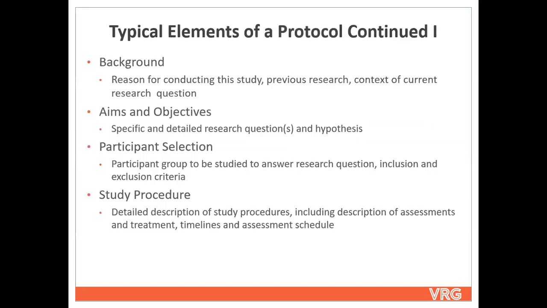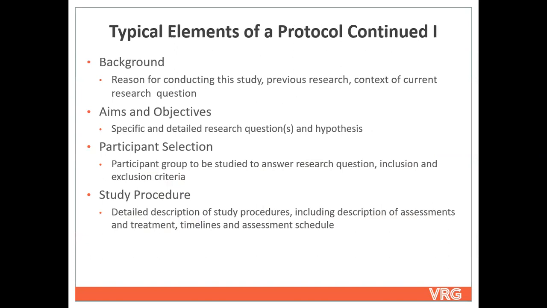So for the background, typically what you find in there is reasons for conducting the study. So that will include previous research done that led to the question that you're looking at now, and basically a context of what the current question is and why you're researching this particular question.